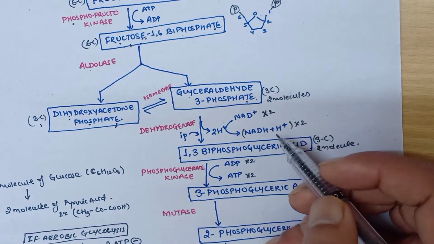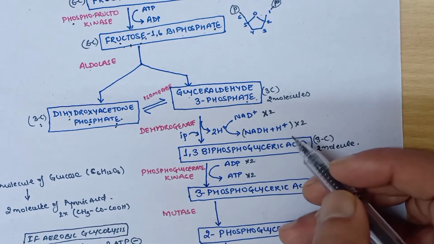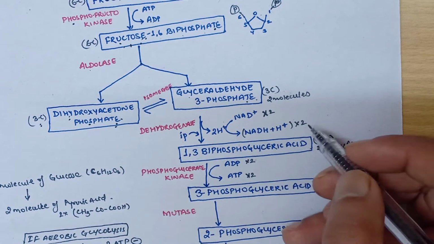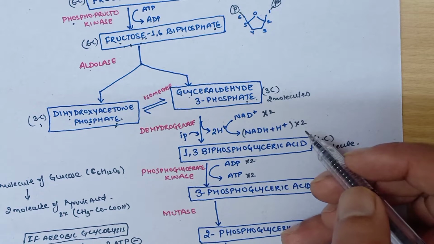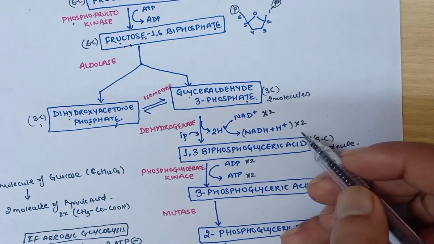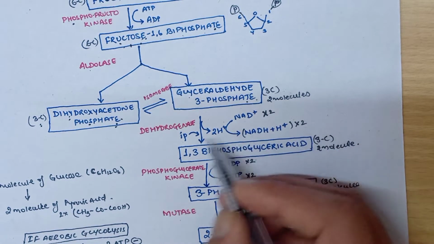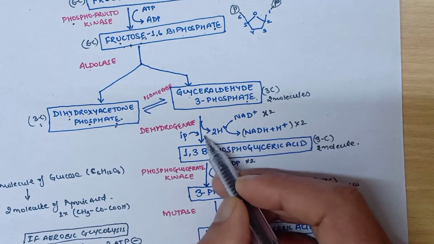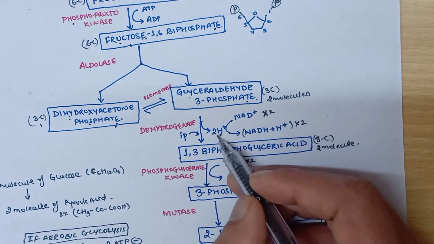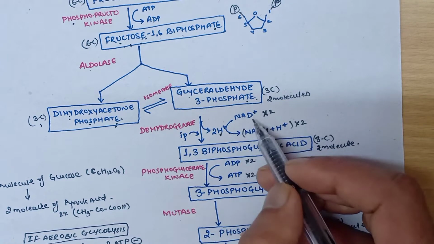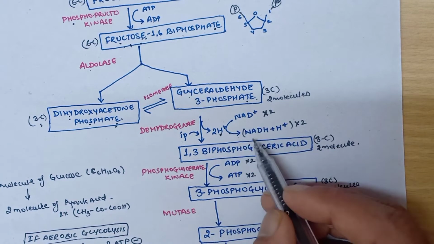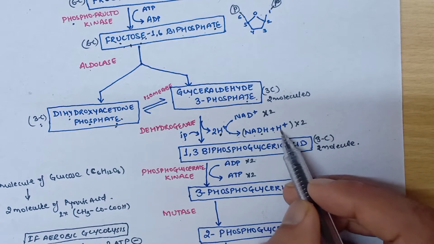In chemistry we have learnt that oxidation can be done either by adding oxygen or by removing hydrogen. So in this case, hydrogen is being removed and this hydrogen ion is taken up by NAD plus, which gets converted into NADH and H plus.